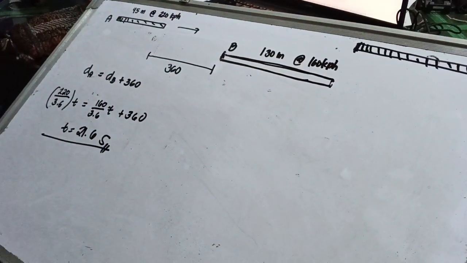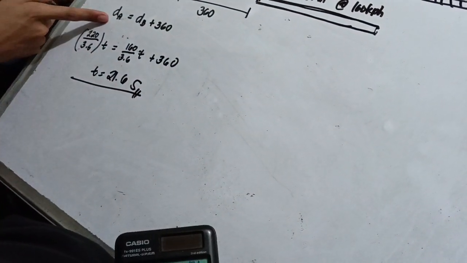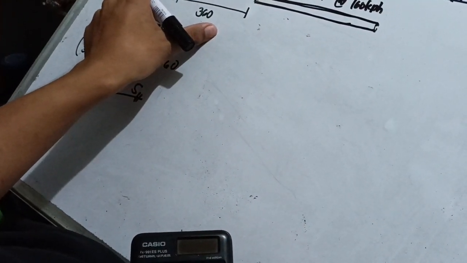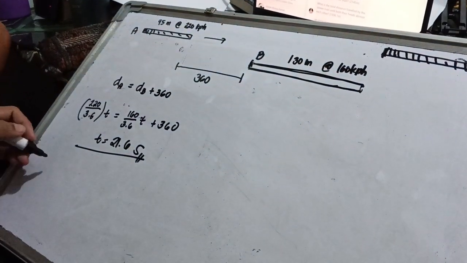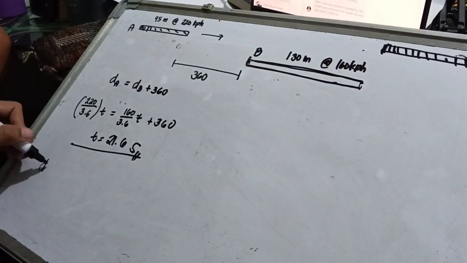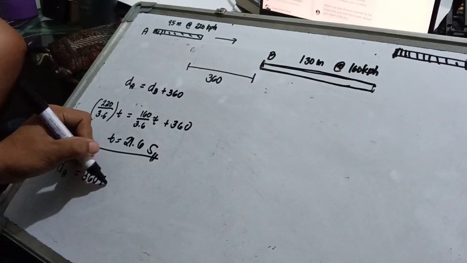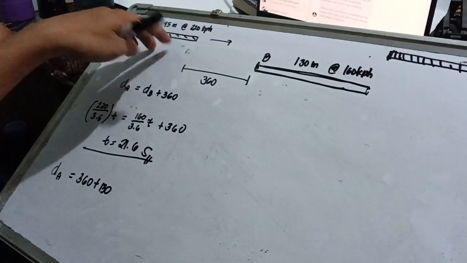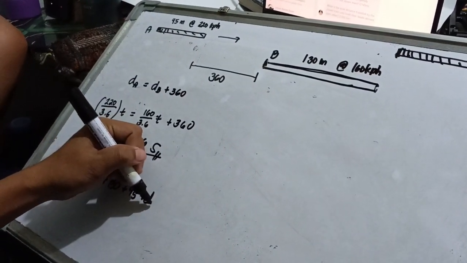So how do we visualize it? It must travel 360 plus the length of the slower train. The distance traveled by A equals 360 plus 130 plus 95 plus the distance traveled by B.